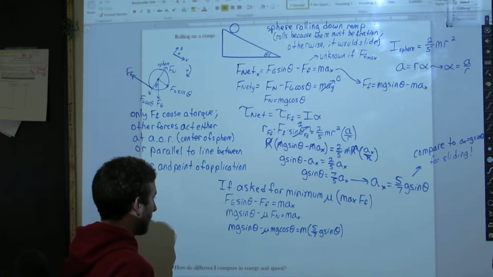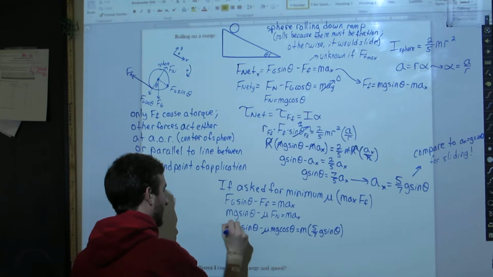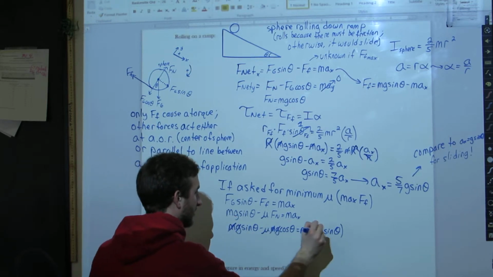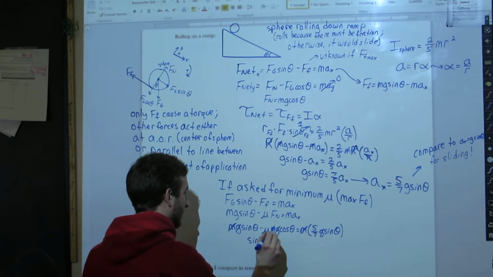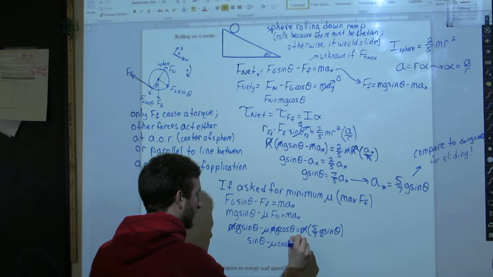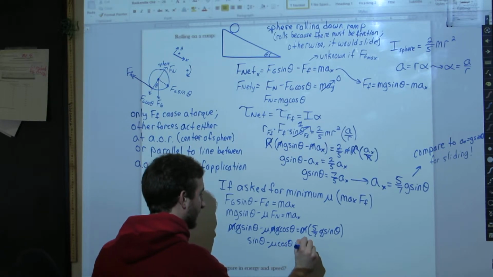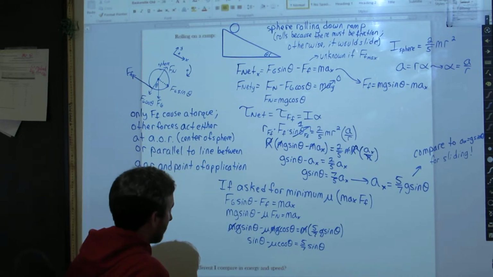Oh boy, lots of stuff going on here. I have an m and a g in every single term. They will all cancel out, leaving me with sine theta minus mu cosine theta equals 5/7 sine theta. I'm looking for mu.